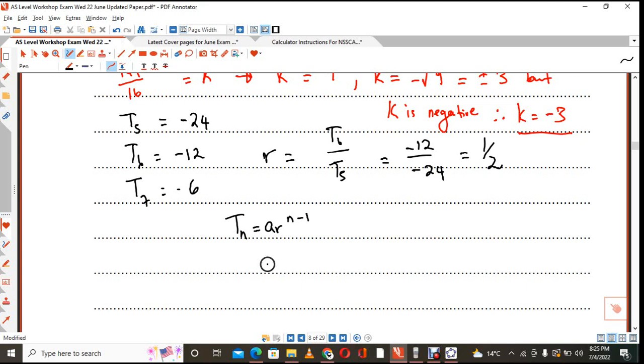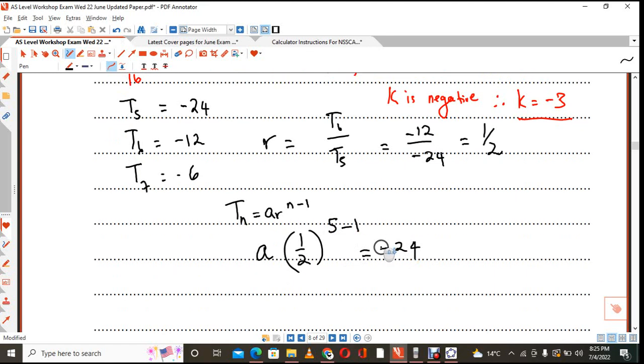Let me say A, and then here I can use the fifth term, 5 minus 1, which I know is minus 24. I could also use the sixth term, doesn't matter. Or the seventh term, doesn't matter. This is all going to give me the value for A anyway.